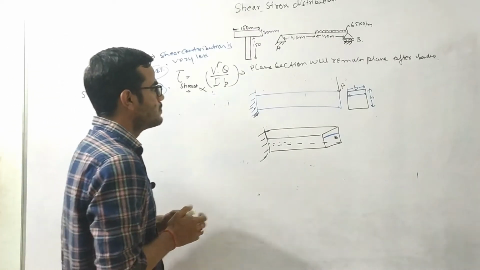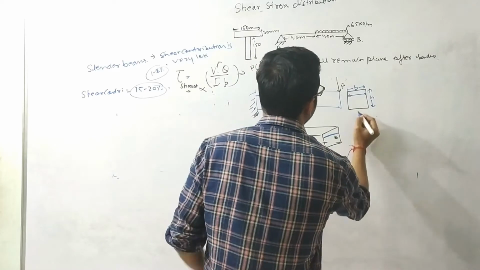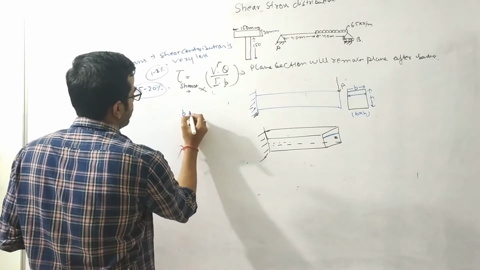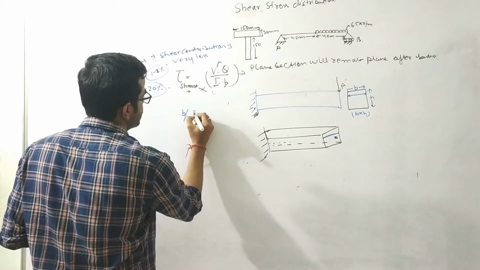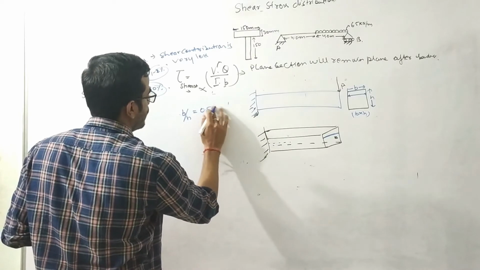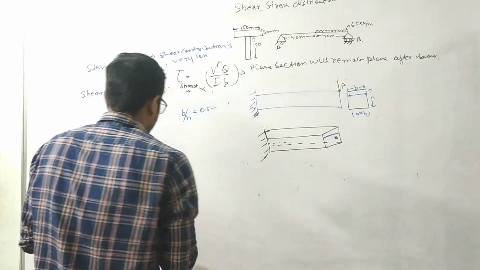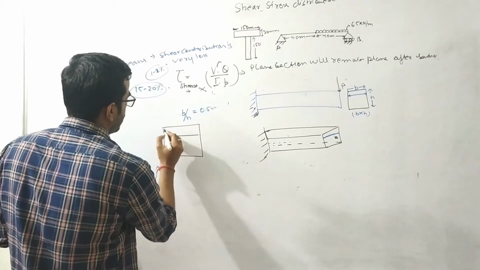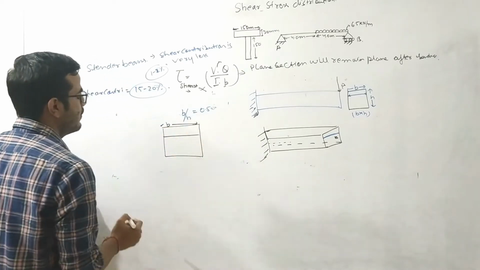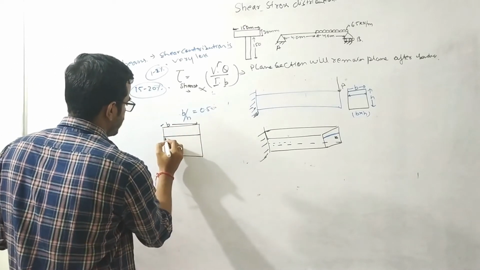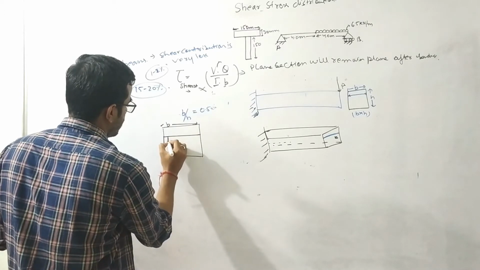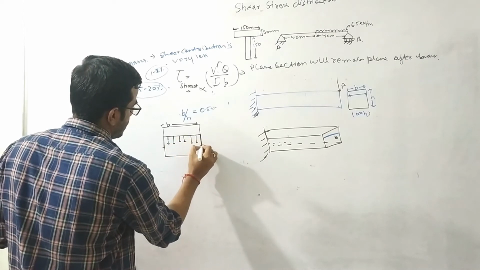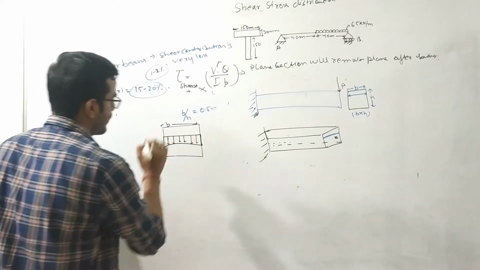So if my cross section is B into H, and the value of the B by H ratio is 0.5, then the shear stress distribution will be like this.